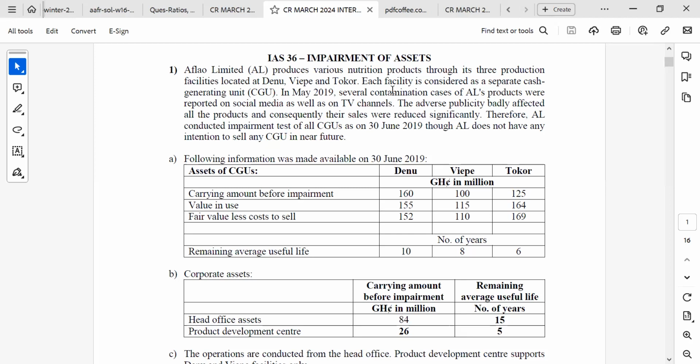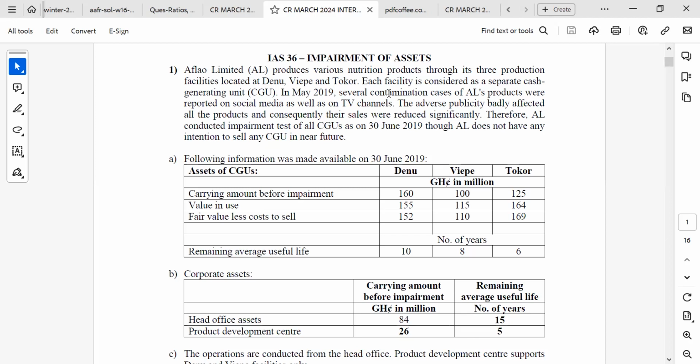The adverse publicity badly affected all products, and consequently, their sales were reduced significantly. Therefore, AL conducted impairment tests of all CGUs as on 30th June 2019, though AL does not have any intention to sell any CGU in the near future.